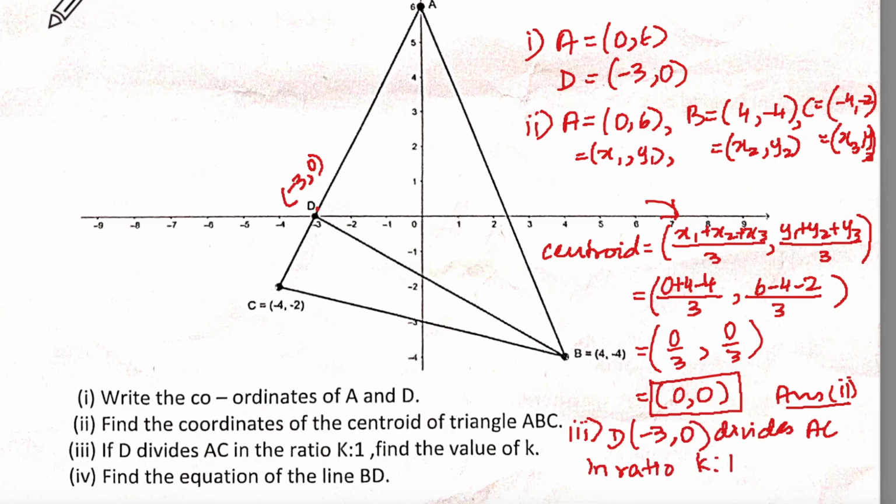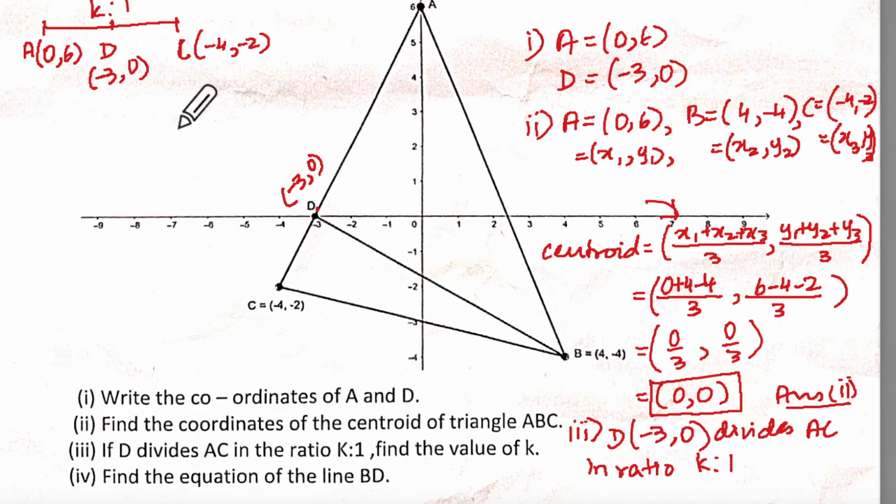Now a diagrammatic representation will help you to avoid making silly mistakes. So this is 0 comma 6, C is minus 4 comma minus 2 and D is minus 3 comma 0 and the ratio is k is to 1.